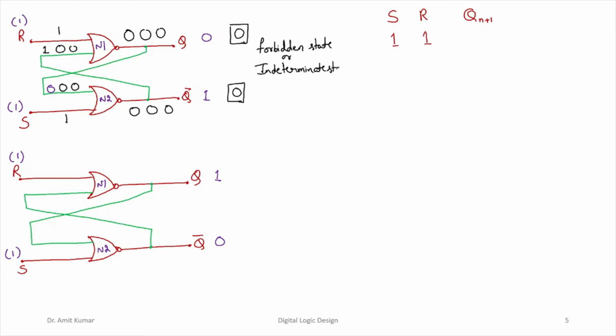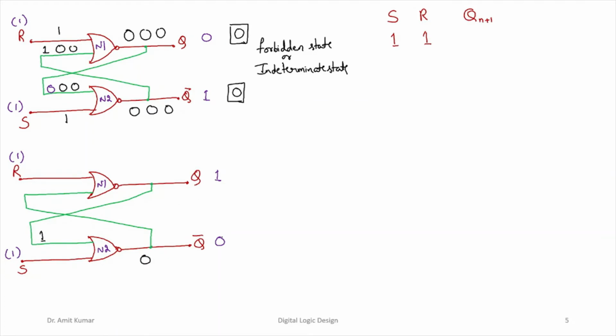Similarly, if you look at the second case, where we assume that the output is previously retaining a value 1, and now we are applying the inputs 1 and 1 at the input terminals S and R. So if previously this is a 1, then 1 NOR 1 is going to be 0, right.